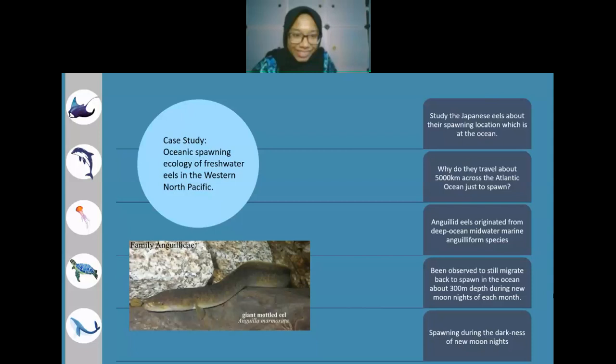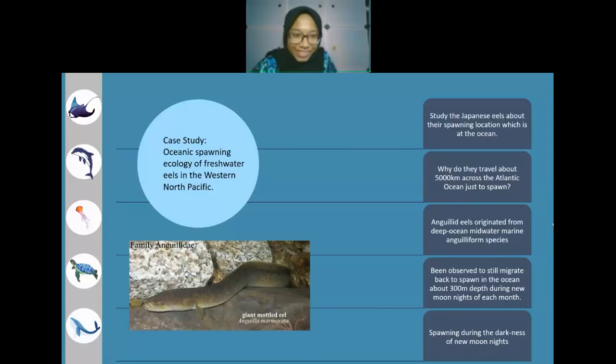So why do they travel almost 5,000 kilometers across the ocean just to spawn? This is because molecular phylogenetic research suggests that anguillid eels originate from deep ocean midwater marine eels, such as gulper or snipe eels.